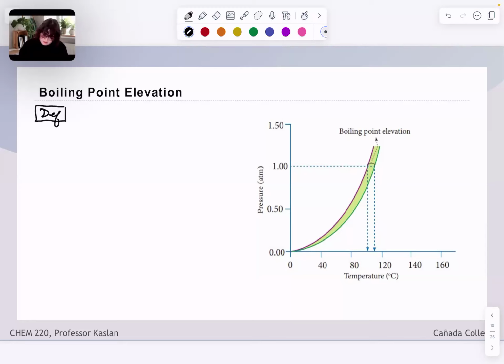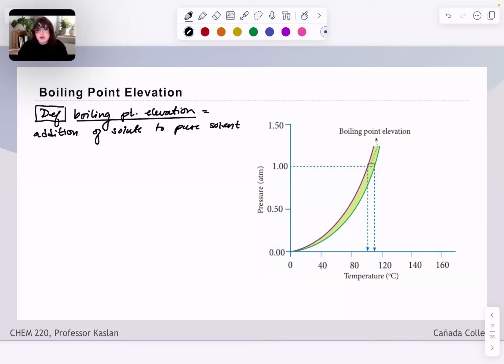So let's define boiling point elevation. This states that the addition of solute to pure solvents, and again, we are mostly assuming here that we're dealing with ideal solutions and non-volatile solutes.